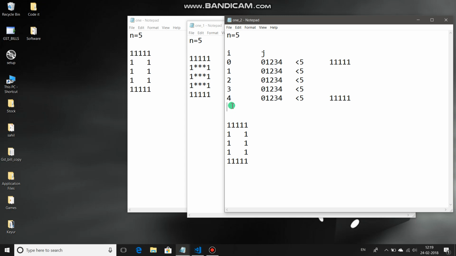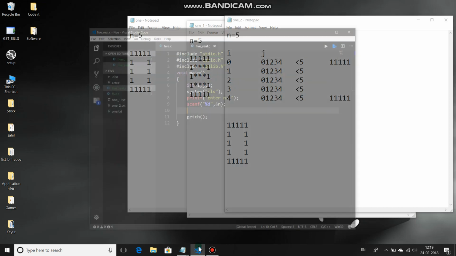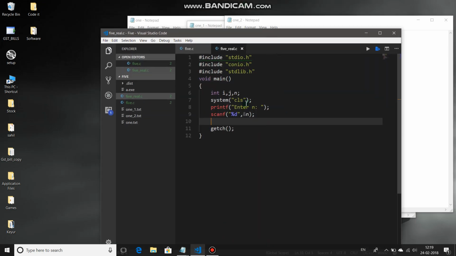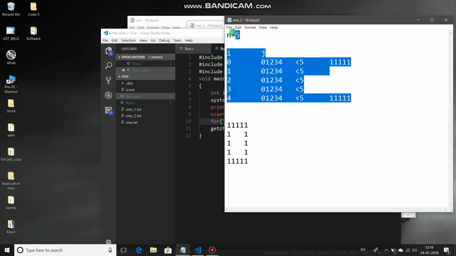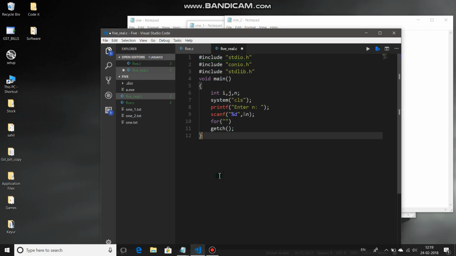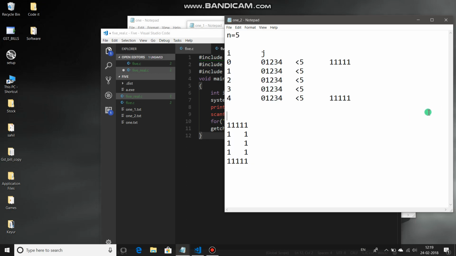Okay, so the main thing in this pattern is what you need to print. You have the structure, so let's just write the structure first. Oh yeah, one more thing, if you're not understanding all these things, please go and refer to my previous videos, because in previous videos we learned how to get all these things.